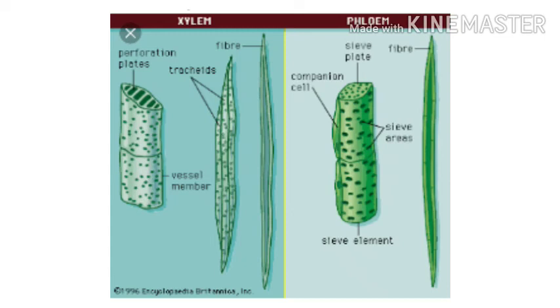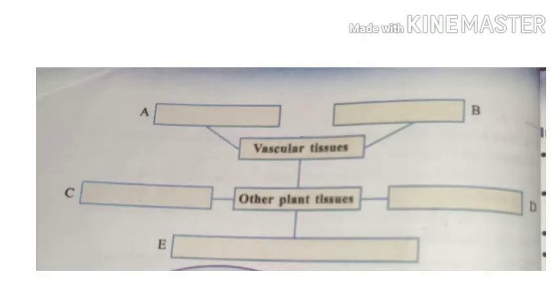It transports food synthesized in the leaf to various parts of the plant body. So the function of phloem is to transport the food material prepared in the leaf to different parts of the plant body. This is a worksheet given in your textbook. Try to do this in your textbook with the help of the hints given on the previous page.